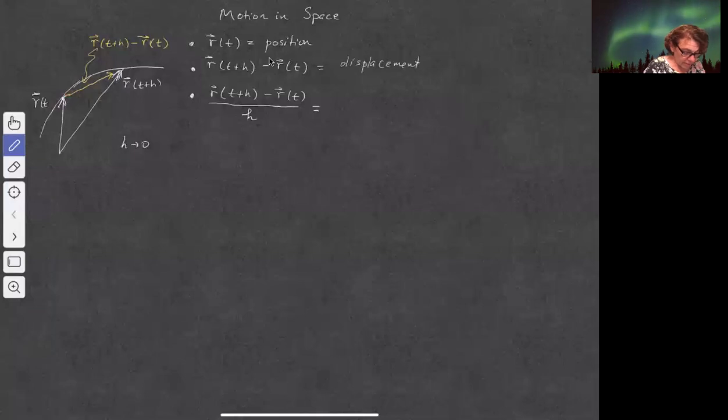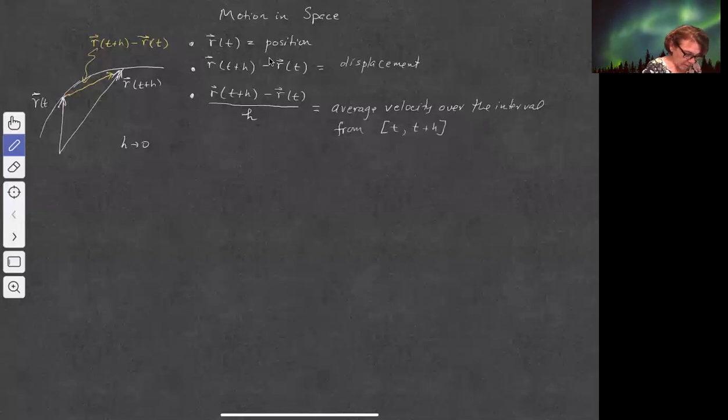What that represents is the change, the displacement over time. So it gives you the average velocity of the object over the interval from t to t plus h.